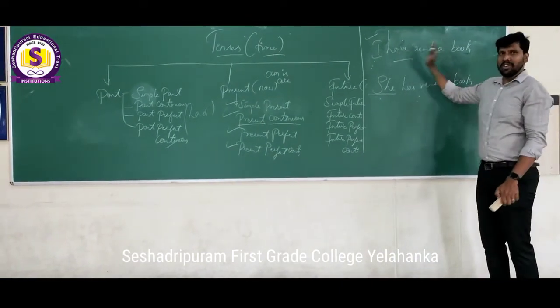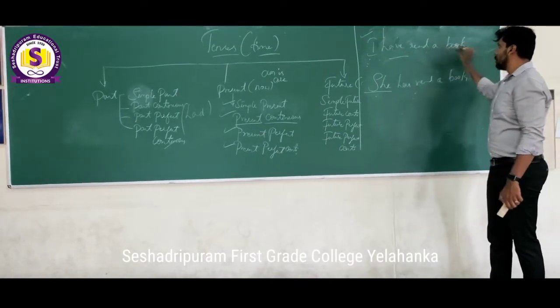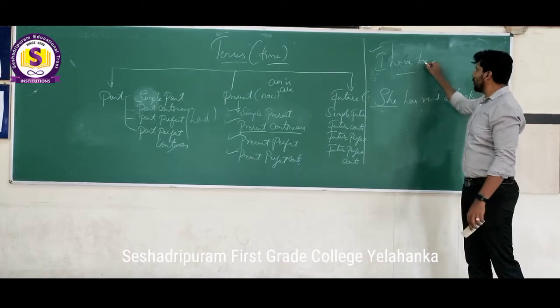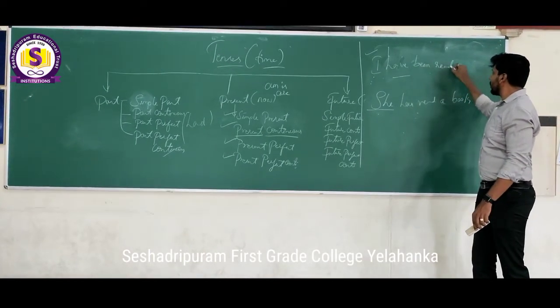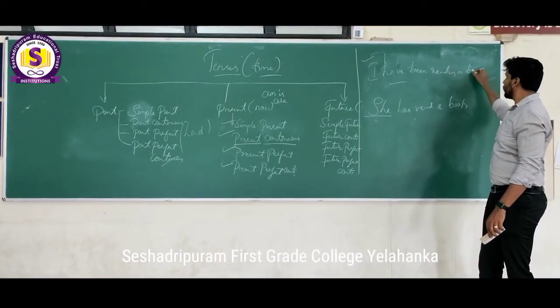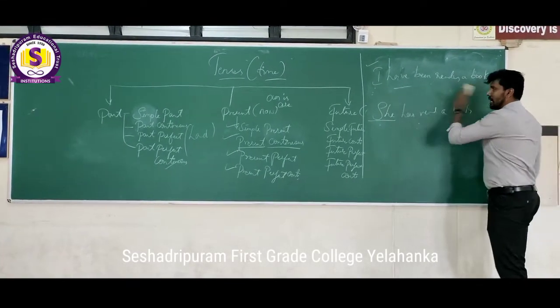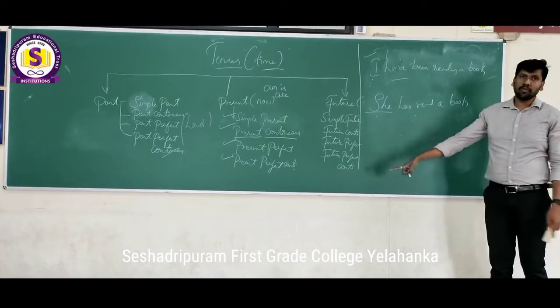Same sentence, I'm changing this. I have read a book. I have been reading a book. Got it? I have been reading a book. Why? It's a continuous form.